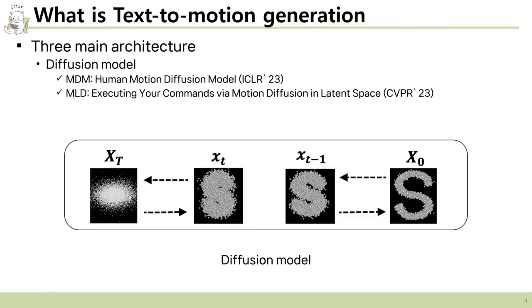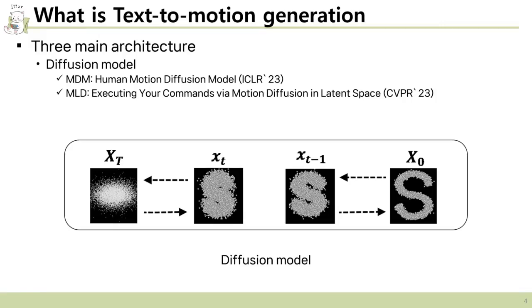Each step of refinement brings the motion closer to the intended result, as described by the input text. Two key works using diffusion models are MDM, which was presented at ICLR 2023, and MLD, introduced at CVPR 2023.